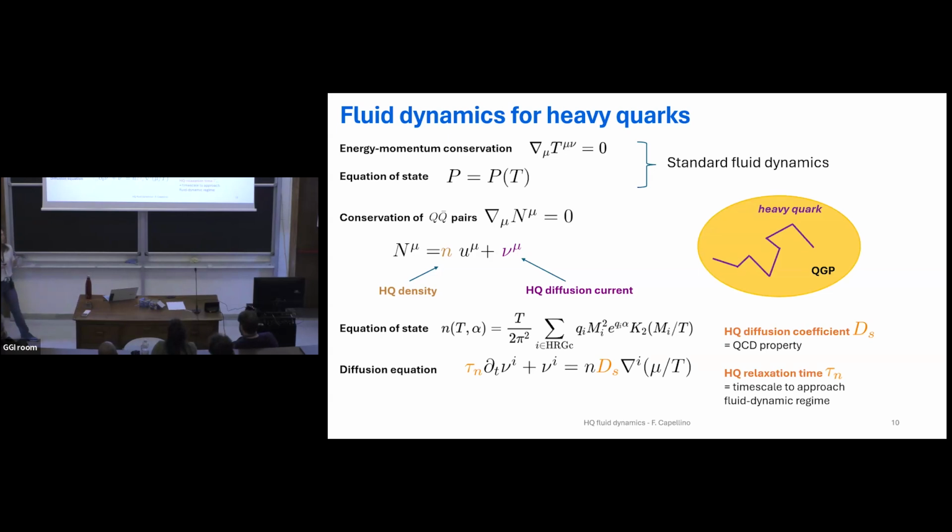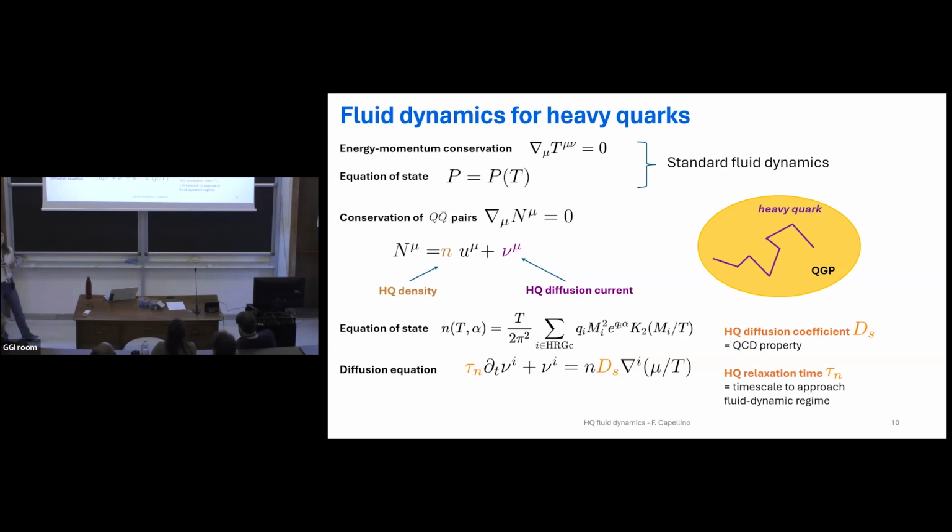in order to describe the dynamics of the heavy quark diffusion current in an Israel-Stewart formalism, we need to specify an equation for the diffusion current that is displayed here. So what you see is that basically the evolution of the diffusion current is mainly driven by gradients of the heavy quark chemical potential divided by the temperature, so this alpha that I was mentioning before.